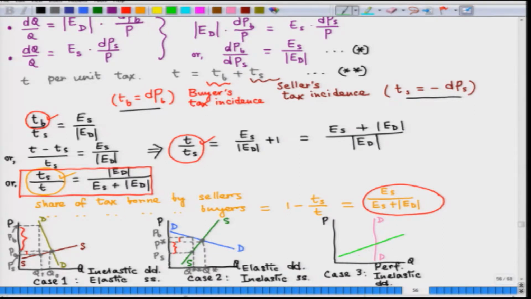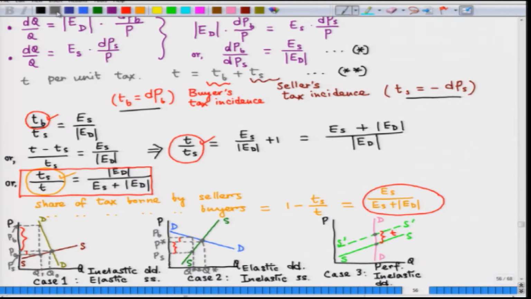Suppose my original supply function is SS. In this case the supply function is going to shift parallelly upward, and we get a new supply function, say S prime, and we see that the entire tax burden, which is basically T, is borne by the buyer.